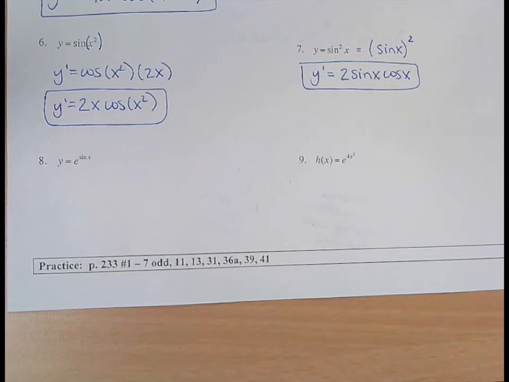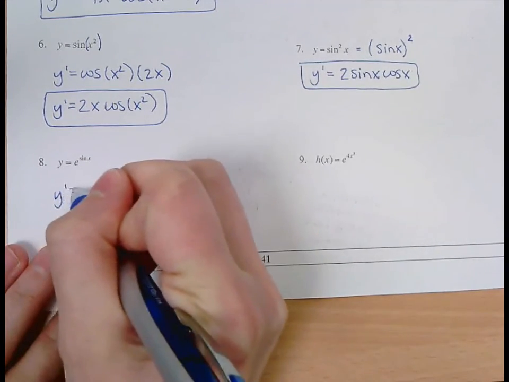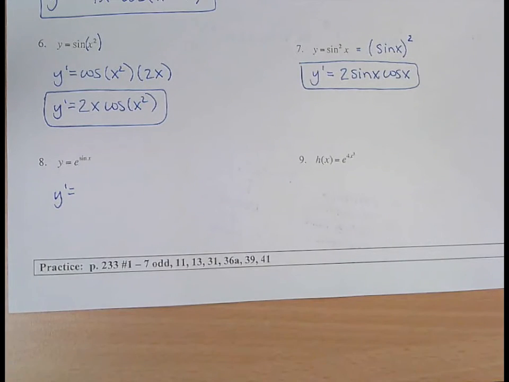Here again, why are you using chain rule? Because you don't just have e to the x. You have e to something else. E to the sine of x. E to the 4x cubed. What is the derivative of e to the x? E to the x. So with chain rule, the derivative of the outside is the same function because e to the x is the derivative of itself.